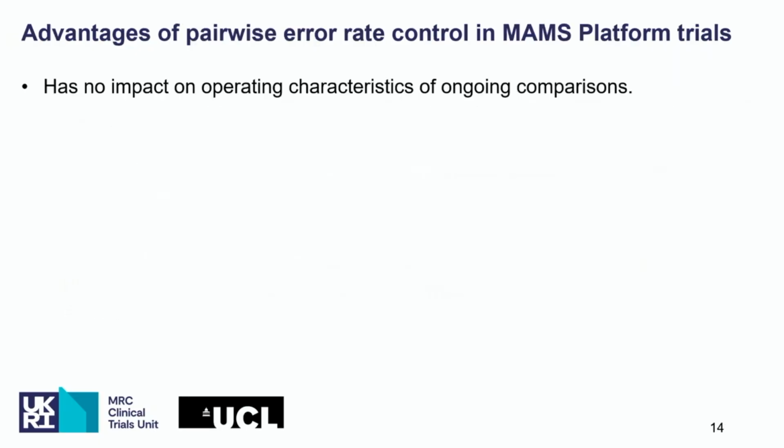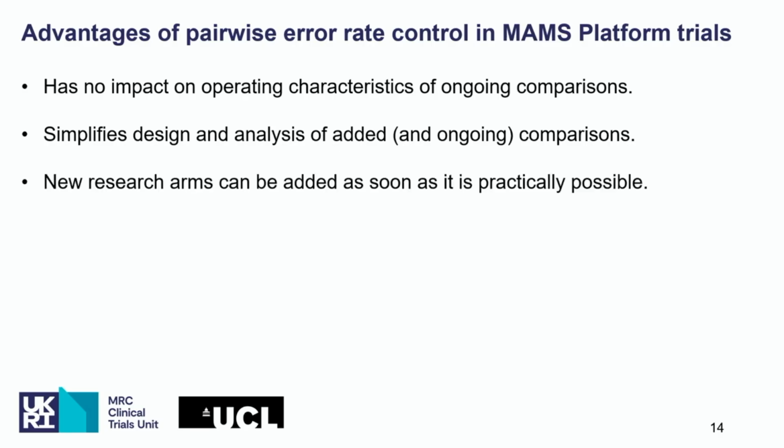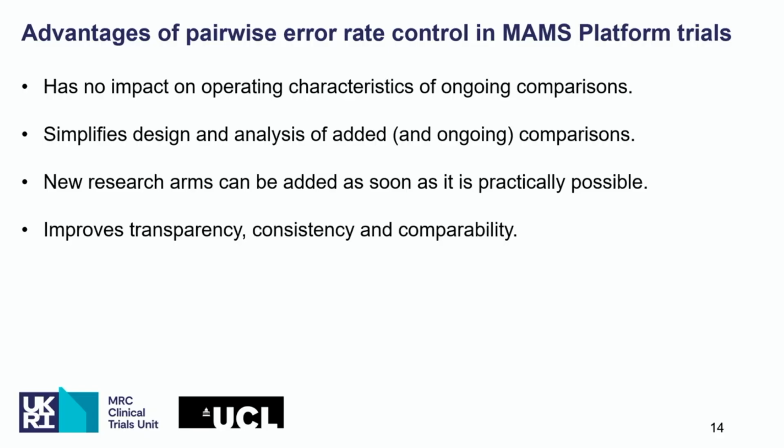But the advantage of the pairwise error rate is that there is no impact on the existing comparisons. It simplifies the design and analysis of added and ongoing comparisons. New research arms can be added when they practically become available. So logistically and statistically it becomes much easier, in my opinion. And there is improved transparency, consistency and comparability.